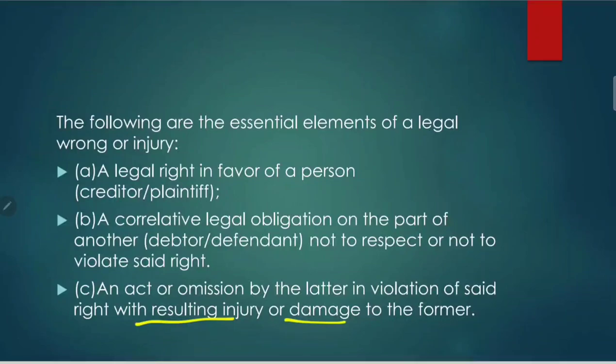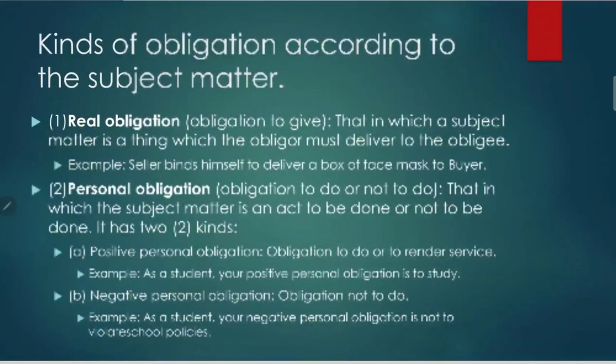Omission is yung wala kang ginawa. Pag may kinomit si B na act or omission in violation of said right of A, na nag-result sa injury or damage kay A, then we can already say that there is already a legal wrong or injury. These essential elements dapat complete for us to say na merong legal wrong or injury.